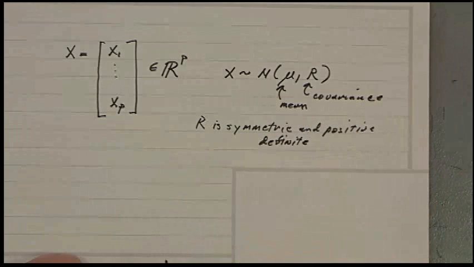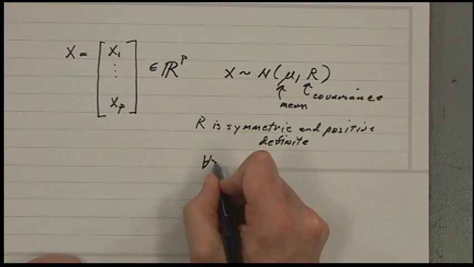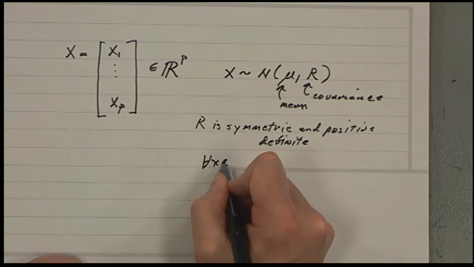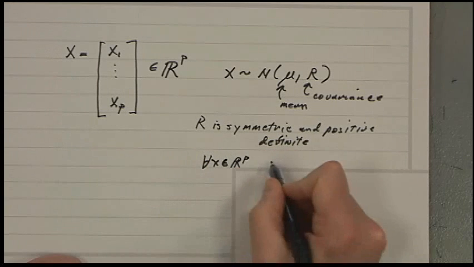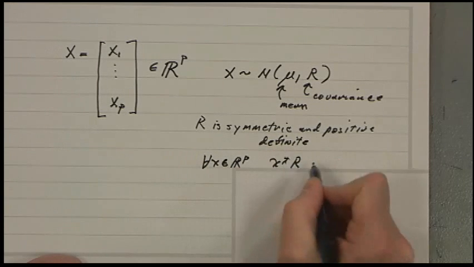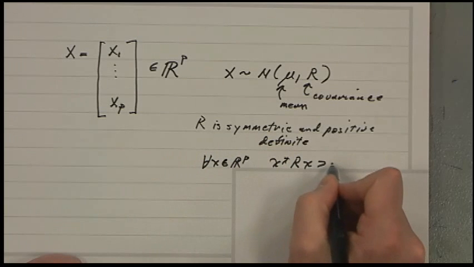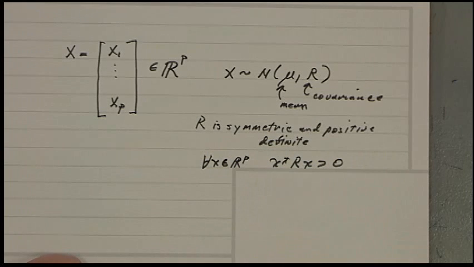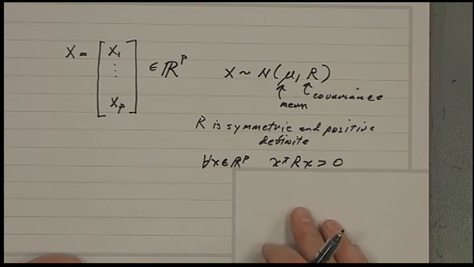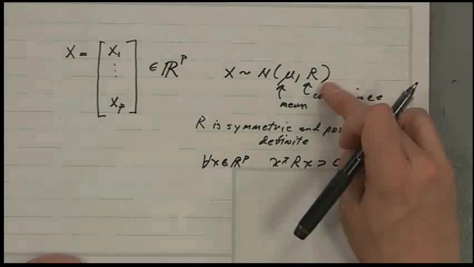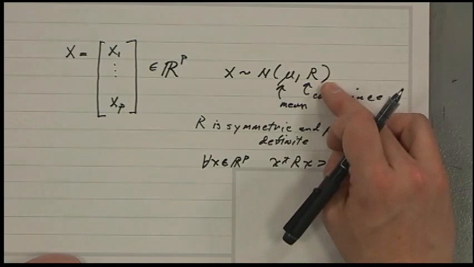Does everybody know what positive definite means? Positive definite means that for all x, a member of R^P, x transpose R x is greater than 0. And so R has to be positive definite for this to be a valid definition.